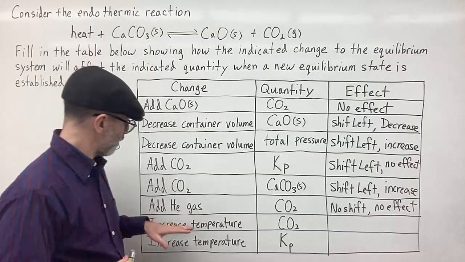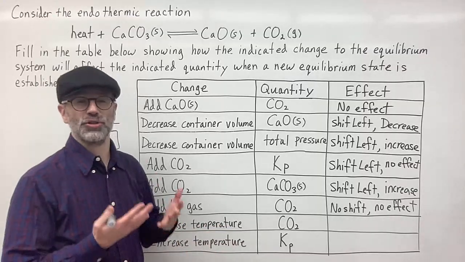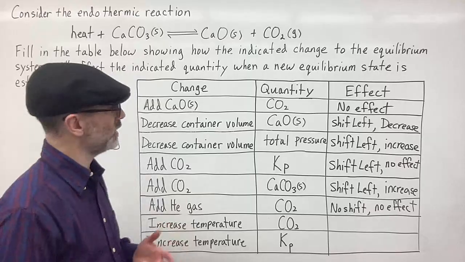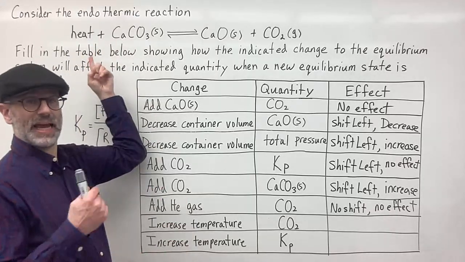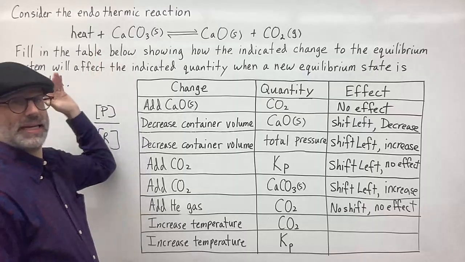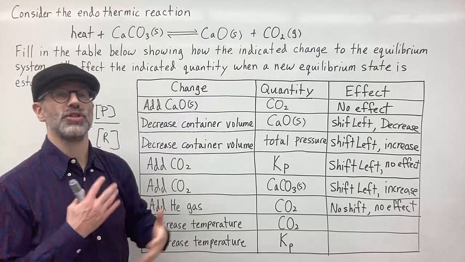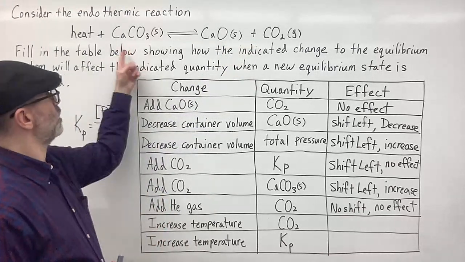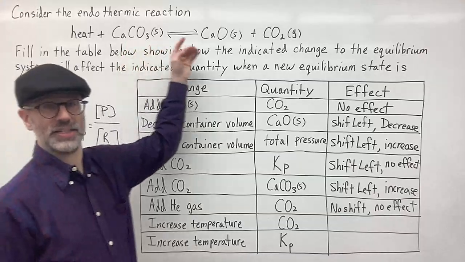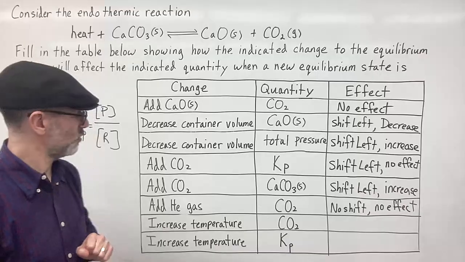So here, if I'm increasing the temperature, I am adding heat in order to increase the temperature. Well, what is going to happen? Well, if I'm increasing heat and heat behaves like a reactant, it's going to shift in the direction away from the heat in order to use up some of that heat that was added. And it's going to use up some of the calcium carbonate, and it's going to form some of the calcium oxide and the carbon dioxide.